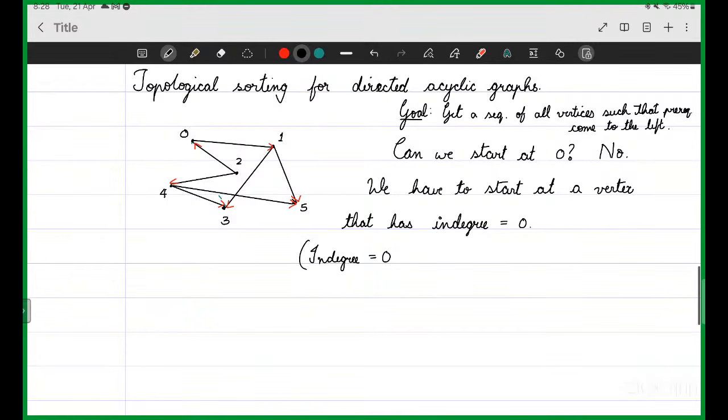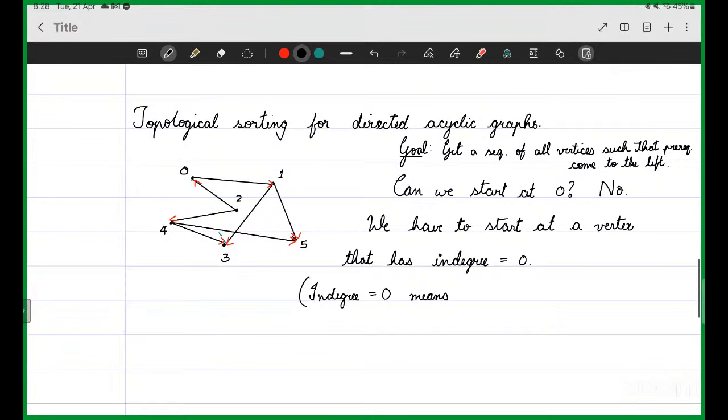I know you guys know what in degree 0 is. I'm not saying it in the graph theory sense. In terms of this prerequisite and task ordering, what is the intuitive meaning of in degree equal to 0 for a directed acyclic graph? There is no prerequisite for that point. Exactly. So it means there are no prerequisites corresponding to that vertex.